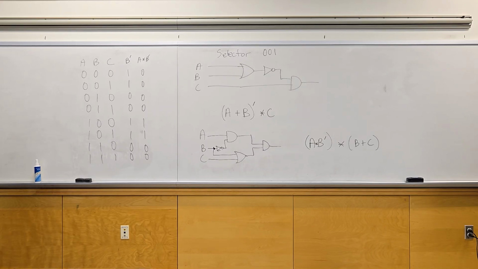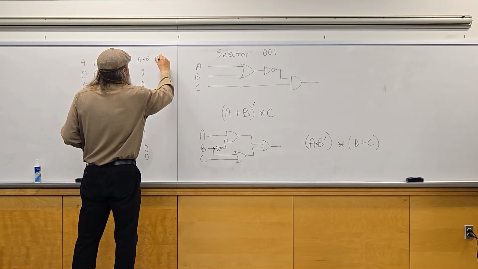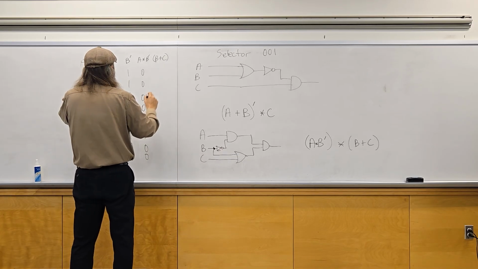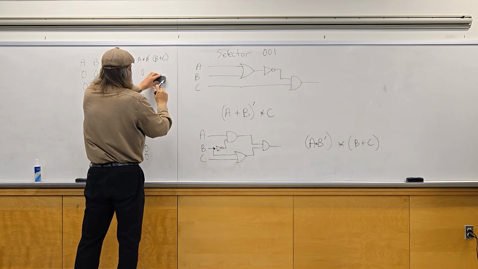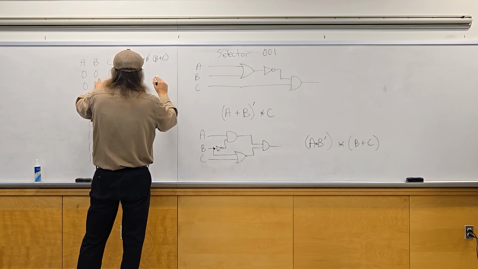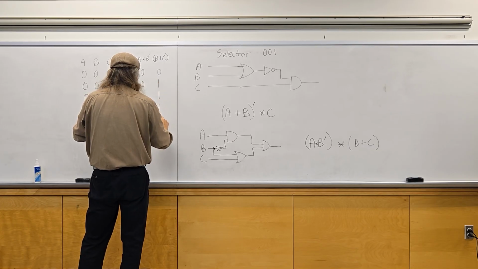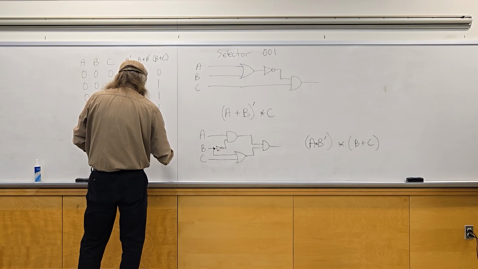And now B or C. B or C is going to be 0, 1, 1, 1, 0, 1, 1, 1.